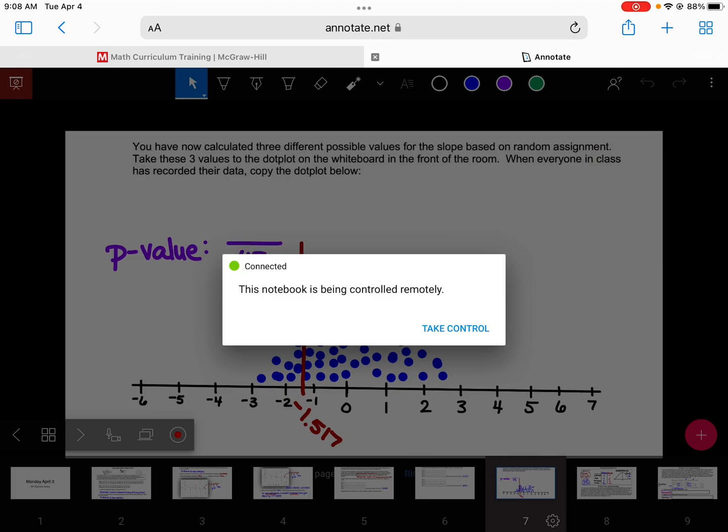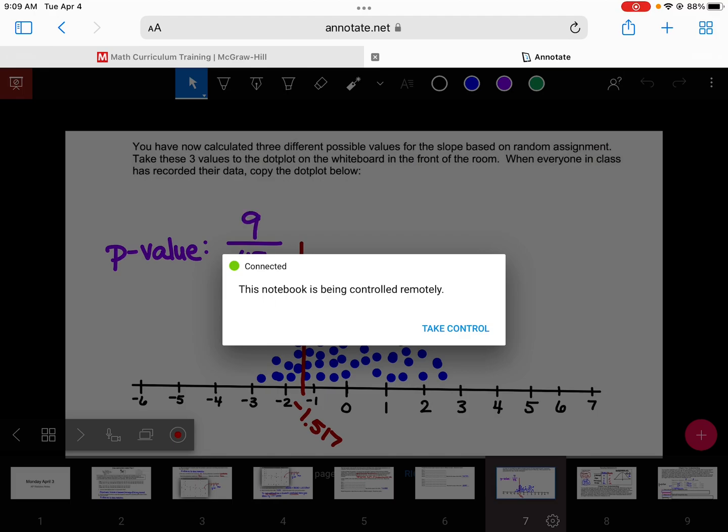How many of those are our observed result or less? When I'm looking up here, I'm getting 9 because I think that's just a single dot right there. 1, 2, 3, 4, 5, 6, 7, 8.